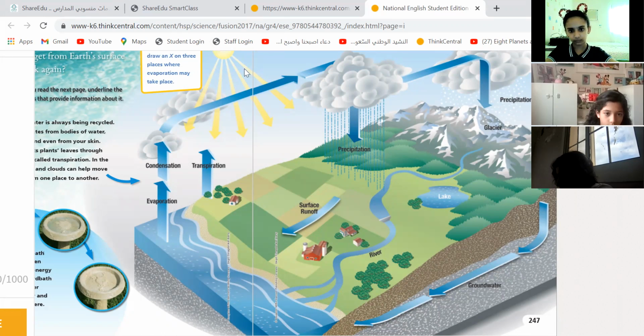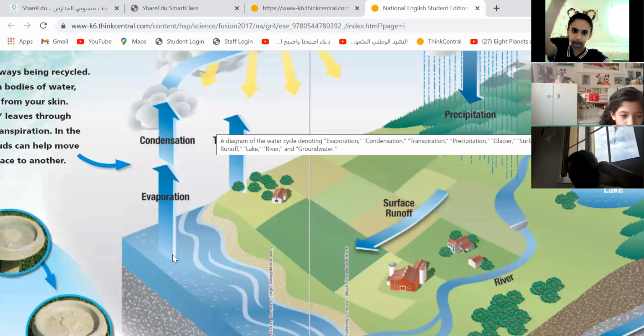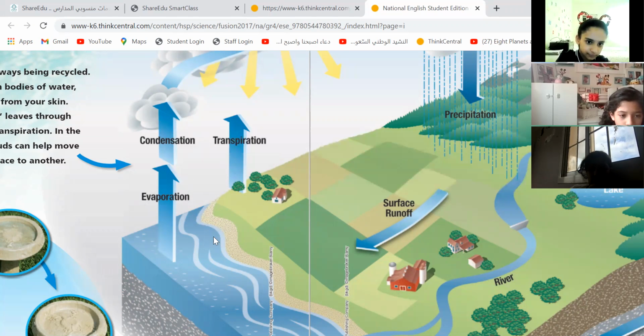When the sun comes out, it gives energy to the Earth's surface, heat and light. The heat will heat up all the water in the ocean. And what will happen to the water that heats up? It will evaporate. So evaporation happens. This is the first step in the water cycle.